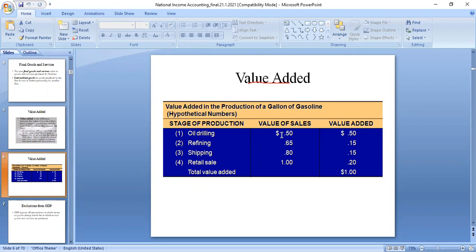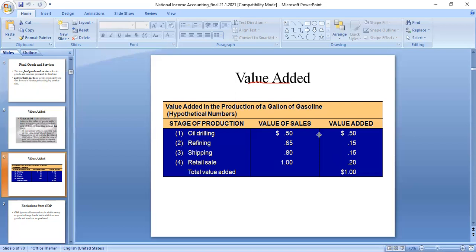At oil drilling, it will be, for example, $0.50. And then we go to another process, refining. The price now comes to $0.65. Then shipping, it comes to a price of $0.80. Then the final retail price, now it is selling at $1.